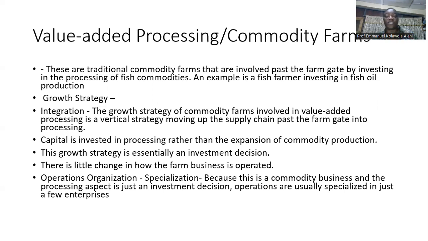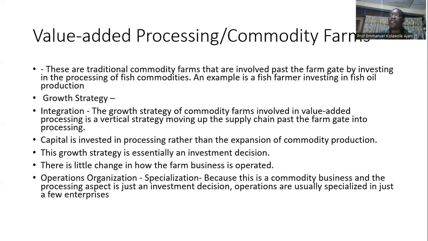Then another one is value-added processing, or value-added commodity farm. These are also traditional commodity farms whose activities go beyond the farm gate. They are not selling their fish at the farm gate, but they invest in processing of the fish commodity.